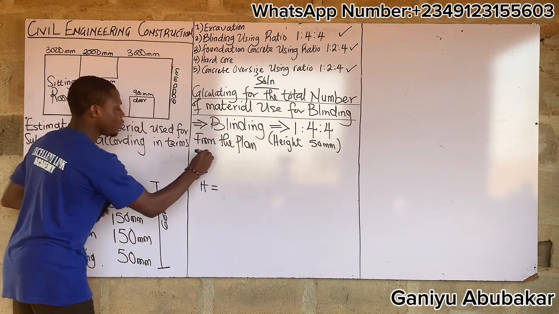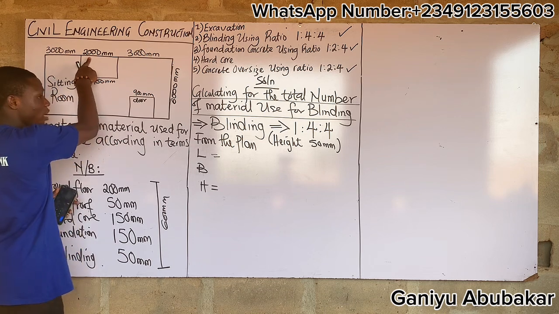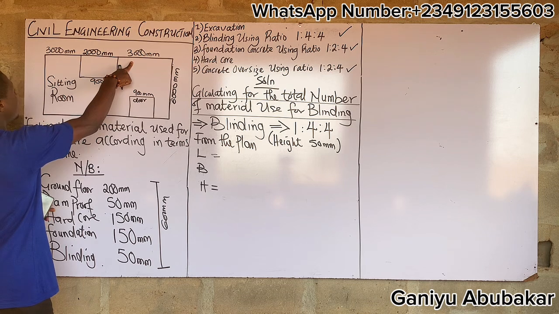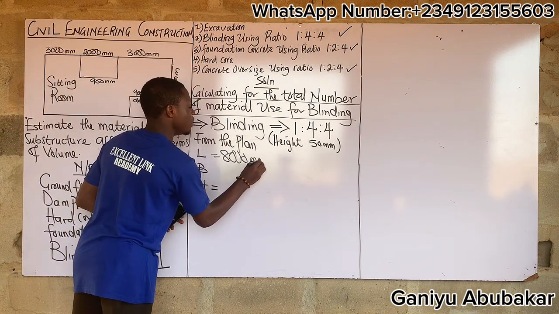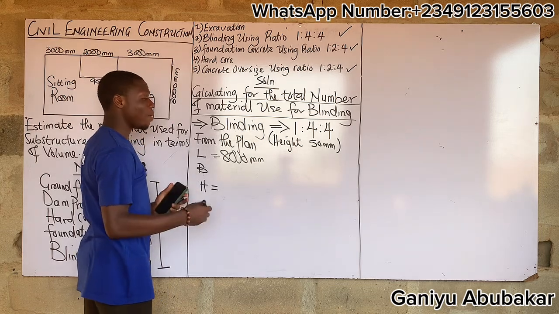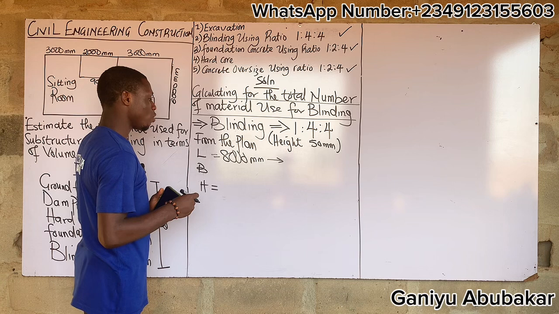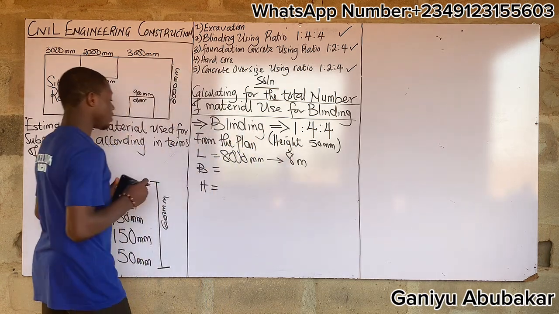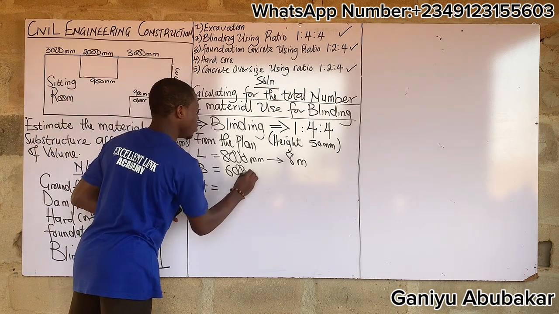All right, my length of the building is of course 3,000 plus 2,000, that's 5,000, with this one here that's 8,000 millimeter. By the way, I'm working with meters. Converting millimeter to meter, of course, divided by 1,000, I'll have 8 meters. What's my breadth? I have 6,000 millimeter.